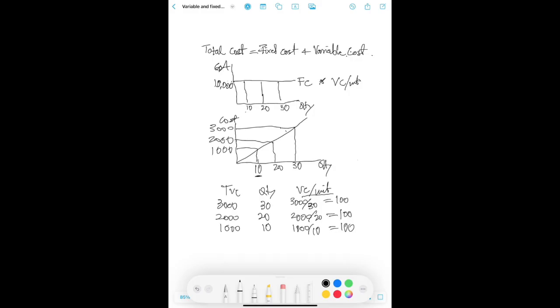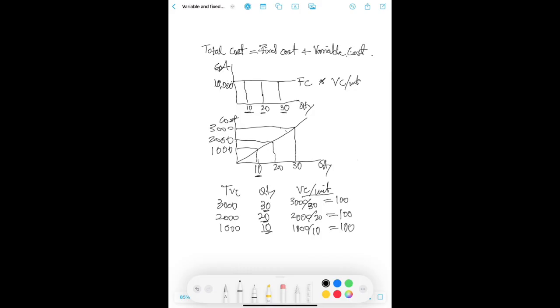When activity was 10 units, our fixed cost, which in this case is rent, was 10,000 naira we pay to rent the building. It remained constant at 10,000 naira even when it was 20, 30. The same thing applies to variable cost per unit. You will see here that when we produce 30, 20, 10, the cost per unit remains constant.